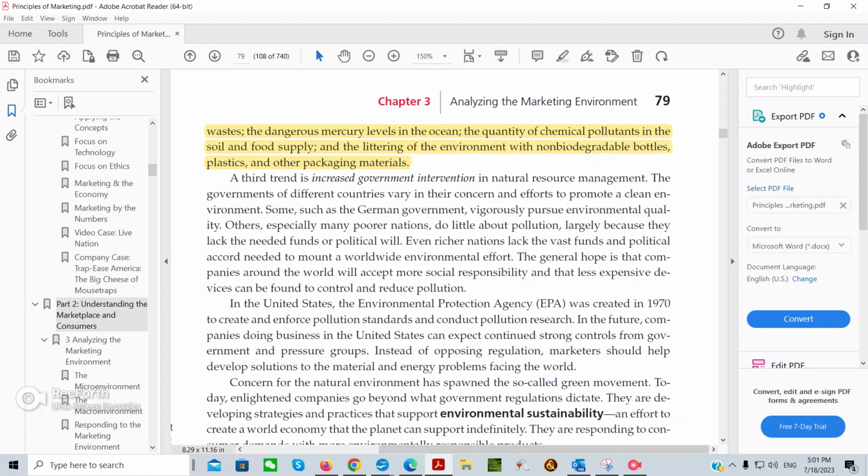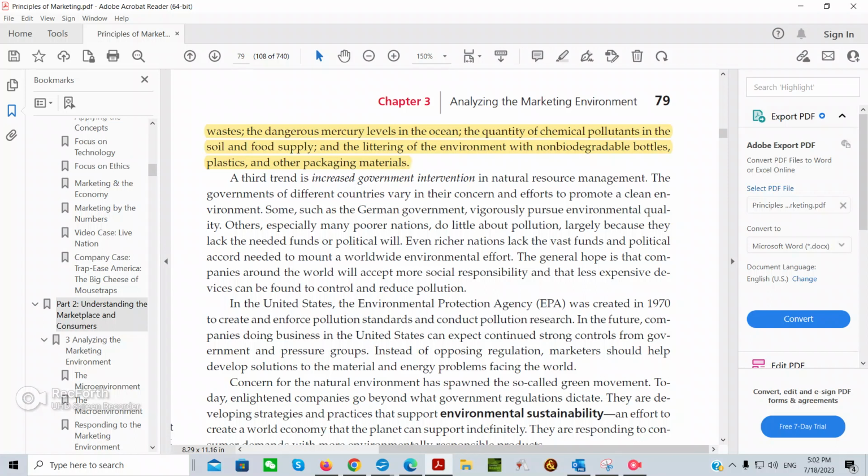But that's supposedly what they were working on. I'm assuming they still are, but I don't know for sure. Anyway, because of that, they now import quite a lot of food. So the marketing is centered around the quality and the safety of the food in the place where they're going to get it.